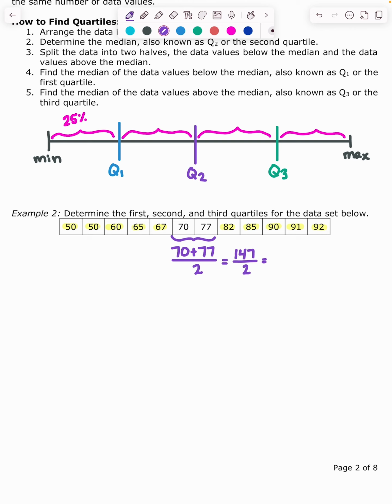I didn't actually do this one before I hit record. 70 plus 77. Oh no, what is happening to my calculator? There we go. 70 plus 77, divided by 2 is 73.5. So that's our Q2.